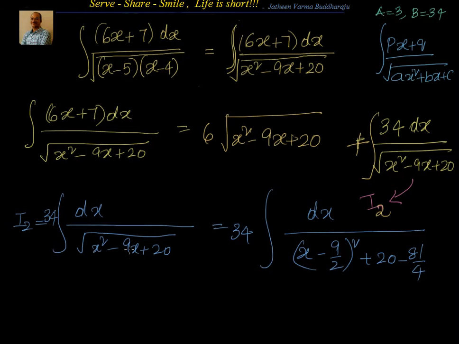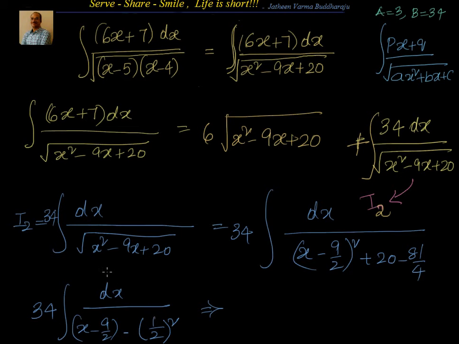What I did is, this is a square minus 2ab, and the b square term is 9 by 2 whole square. So I have just skipped a couple of steps here, but you should be able to follow that. X minus 9 by 2 whole square plus 20 minus 81 by 4. That's equal to 34 integral dx by x minus 9 by 2 whole square, minus 1 by 2 whole square.